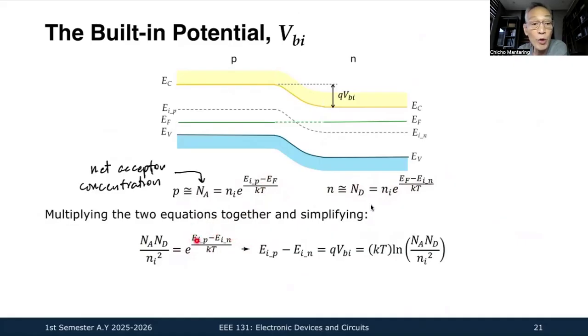And therefore, we can compute for E_iP minus E_iN. This level minus this level will actually give us Q times VBI, and you end up with this particular equation: kT ln Na Nd over N_i squared.